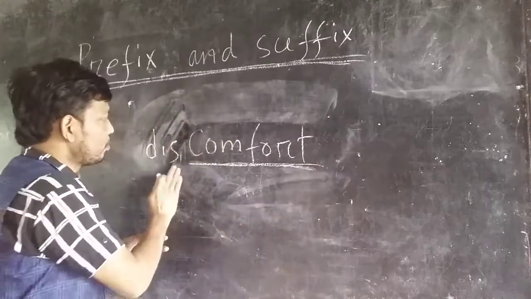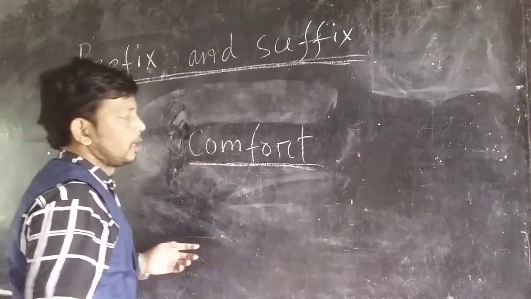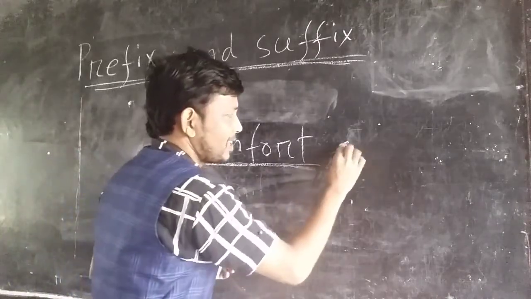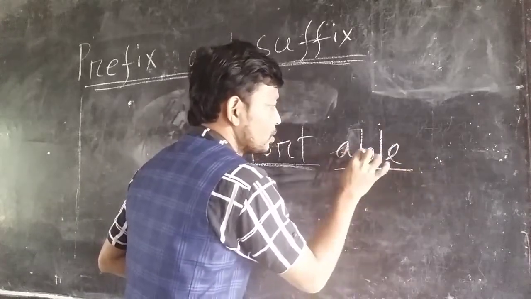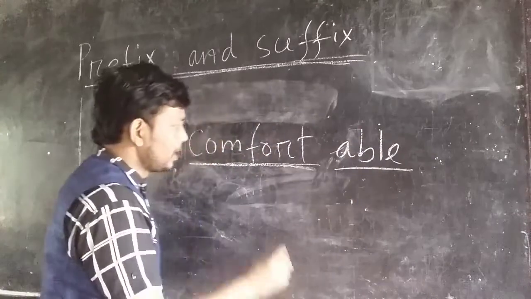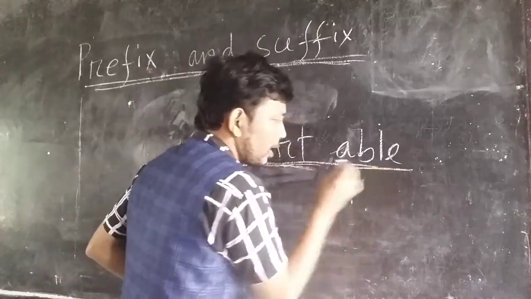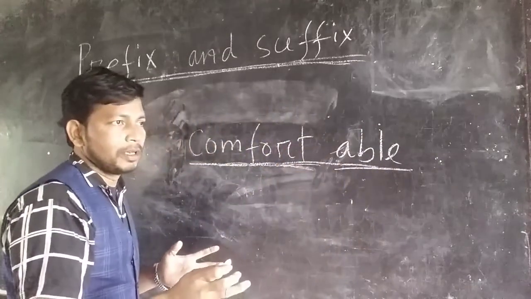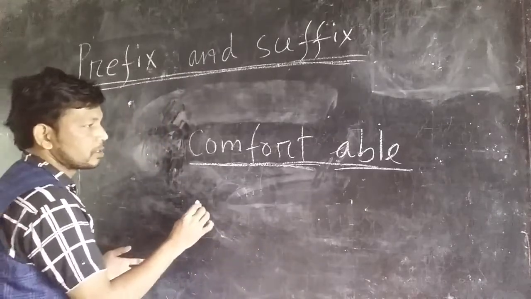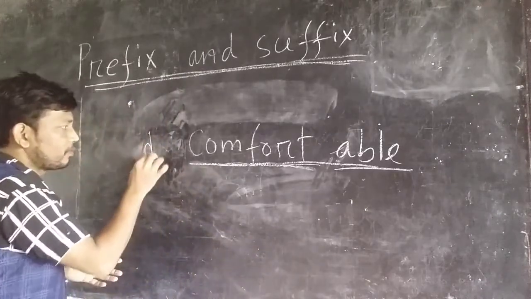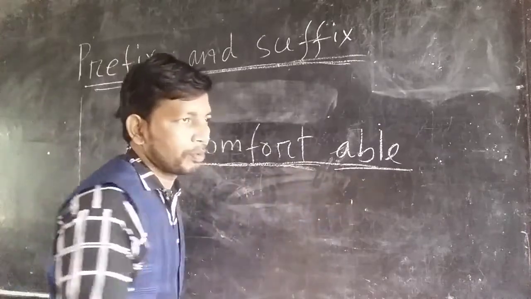Then if I use another thing at the last, ABLE, four letters, then it will be comfortable. Another word will come, and if I use this before it, then it will be discomfortable.